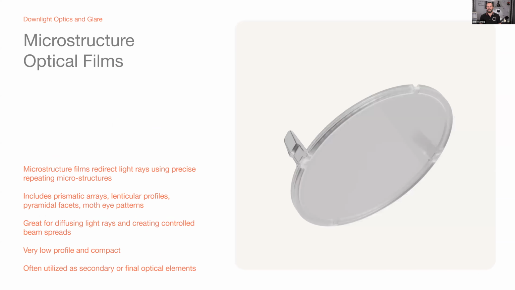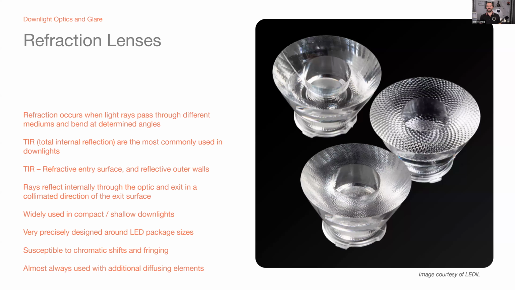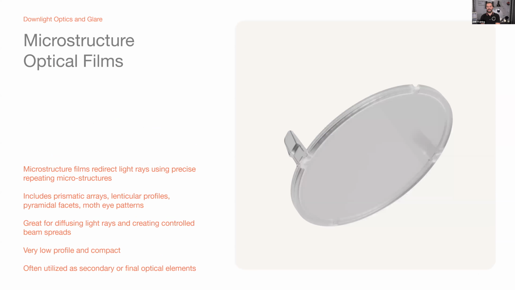And then the next one that we'll talk about is one that's really commonly used in combination. I mentioned at the end of our TIR lenses that you almost always need additional diffusing elements. This next category, microstructure optical films, tends to be one of those most commonly utilized together. Microstructure optical films are pretty widely used throughout the industry.